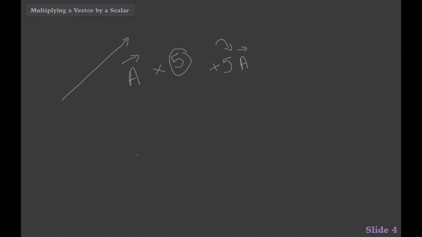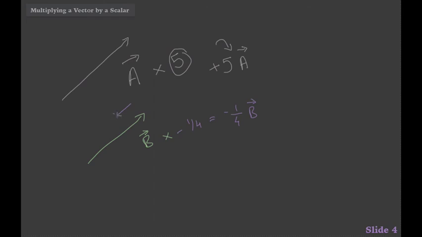Likewise, if we have this vector B, for example, over here, and we multiply this vector B by, let's say, -1/4 scalar quantity, then this will essentially equal -1/4 of vector B, and this vector will now look something like this.